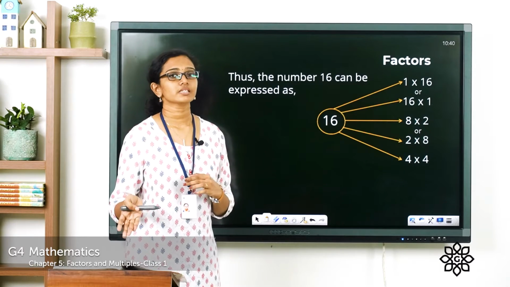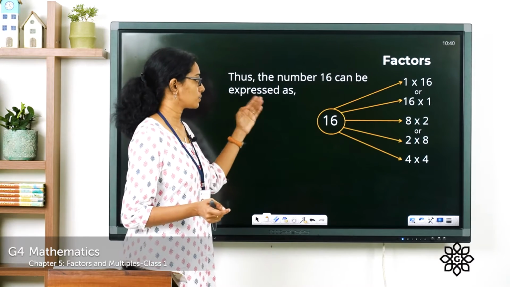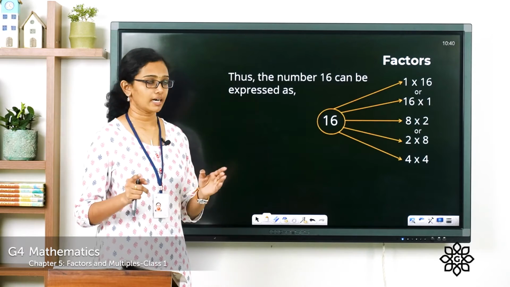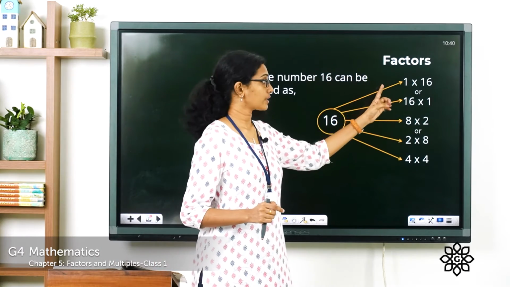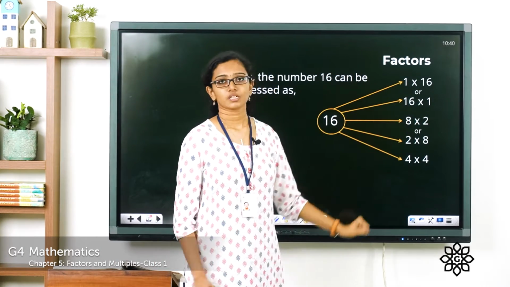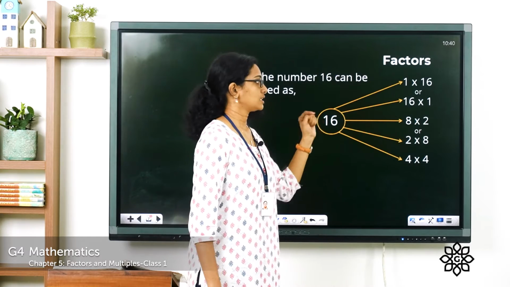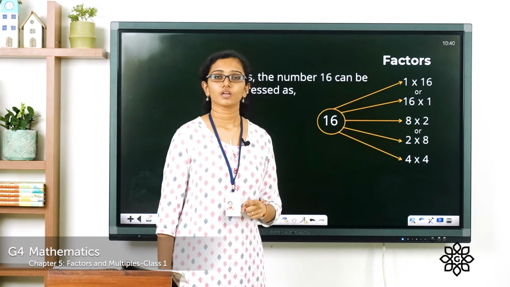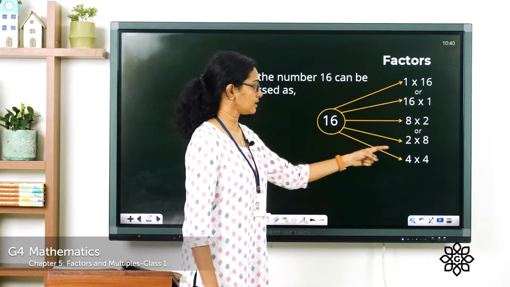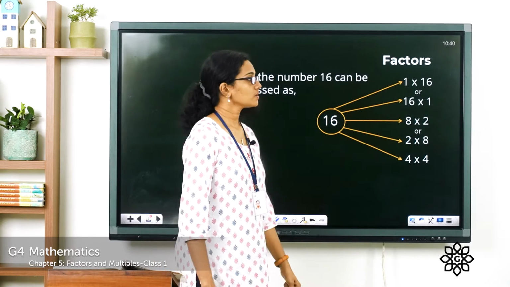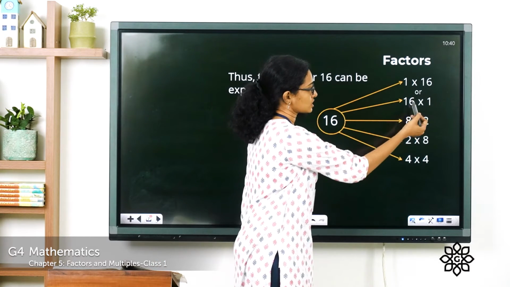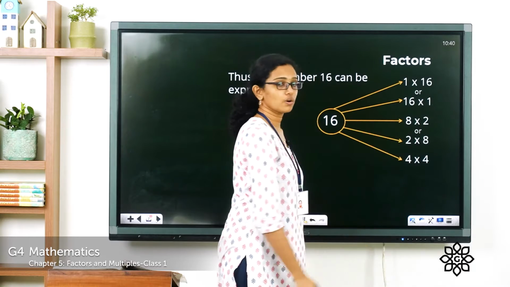So this number 16, we can express as either 1 into 16 or 16 into 1, or 8 into 2 or 2 into 8, or 4 into 4. Now look at these numbers 1, 16, 8, 2 and 4.